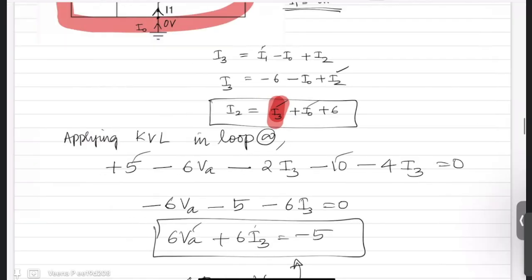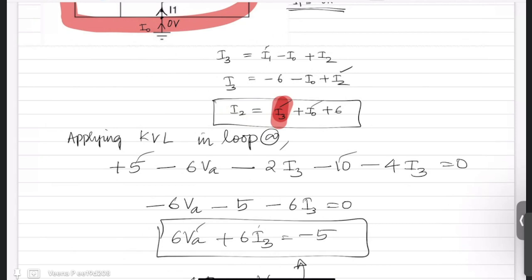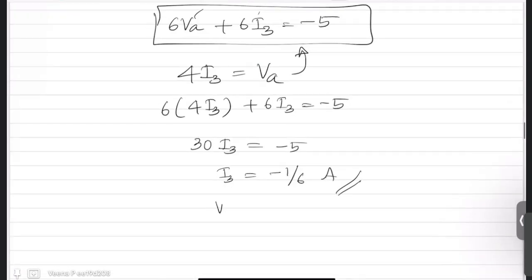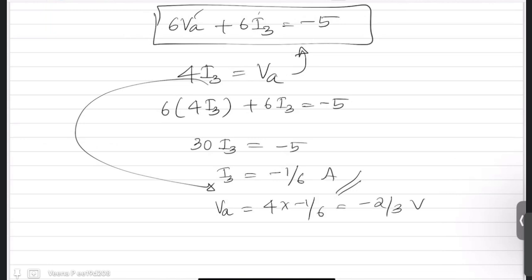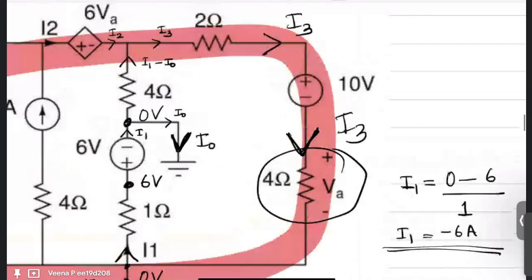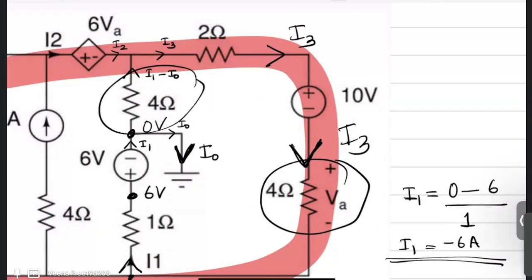Now, you have to get I0 so that you can find I2. Now, where can we find I0? If I got I3, I can also find my VA from here, if it requires. So, VA is 4I3. So, 4 times minus 1 by 6, or minus 2 by 3 volts. Now, you take this 4 ohm.